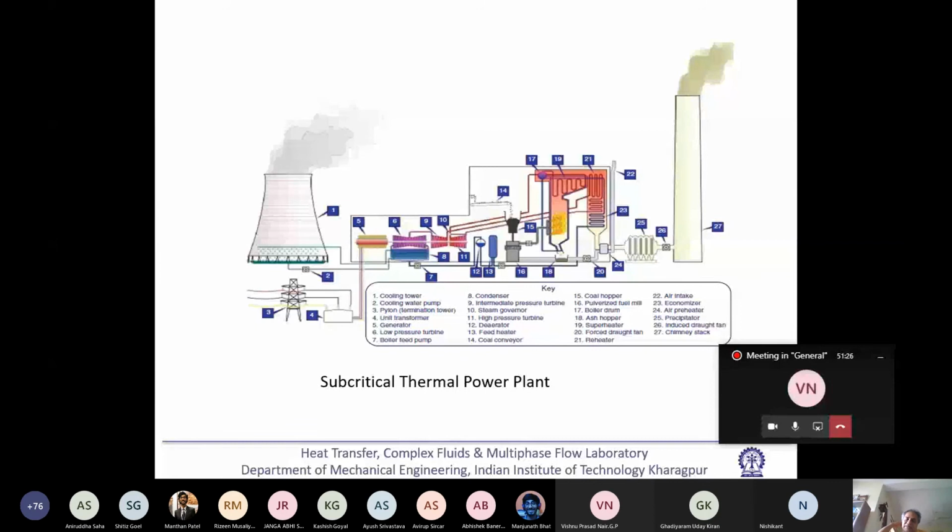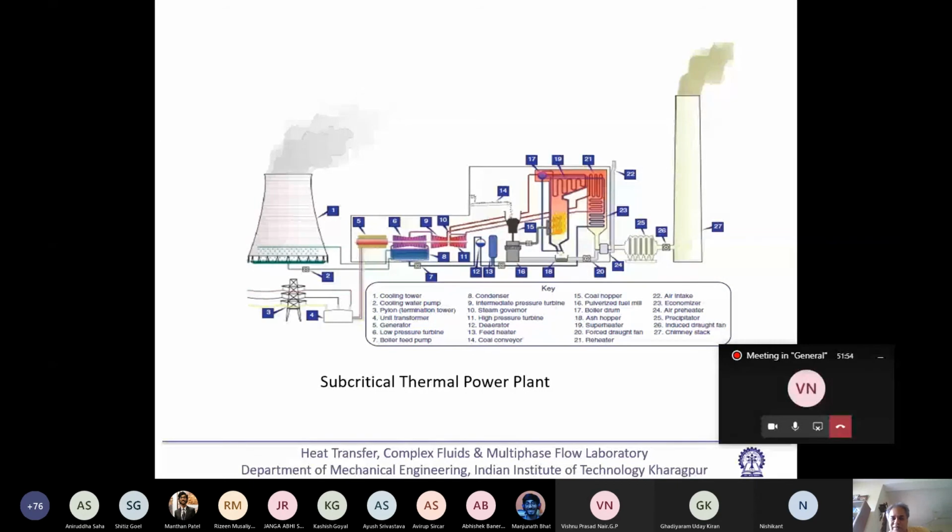So you can see the three main mechanisms of heat transfer. At least on the air side, whatever heat is being generated, all three mechanisms are used. That means radiative heat transfer is there, convective heat transfer is very much there, and on the water wall, due to conduction also heat transfer is there. Okay, and then there is phase change.